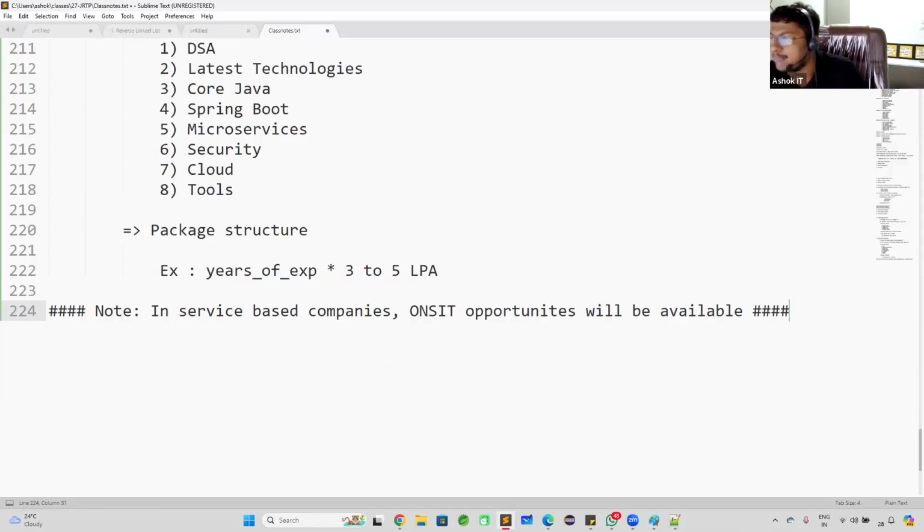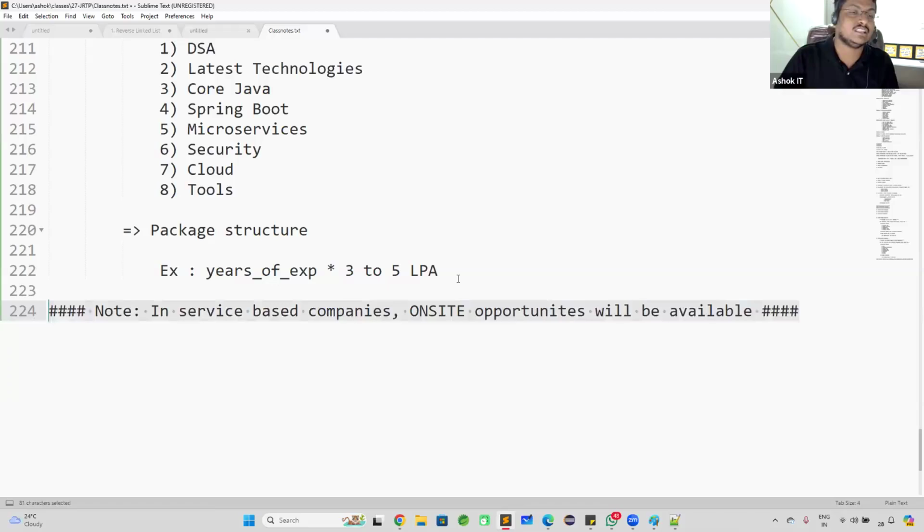For example, my project client is from USA. Then my company may send me on-site. So some people will go to the US for project work. Based on the client requirement, the company will send people on-site.